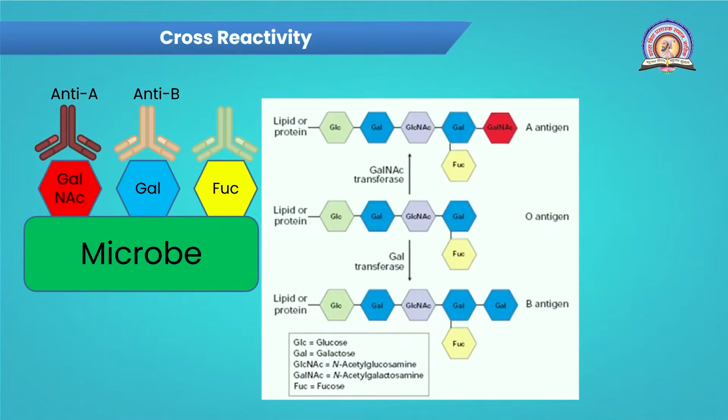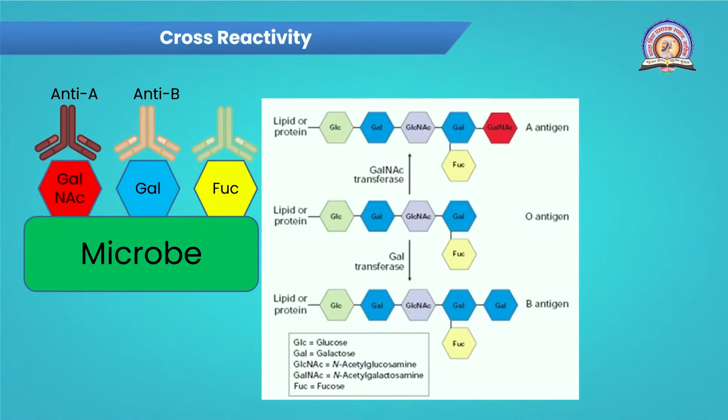So if the antibodies synthesized against these antigens are present, they will target my own RBCs, and my RBCs will get destroyed. To avoid that, the antibodies against the A blood group antigens will be eliminated, and which antibody will survive? Only the antibody against the B antigen.